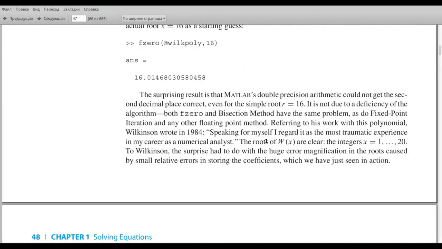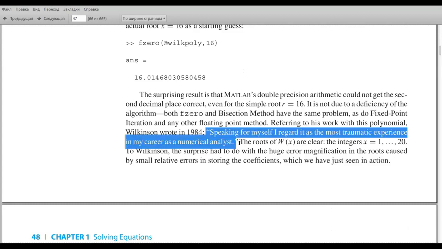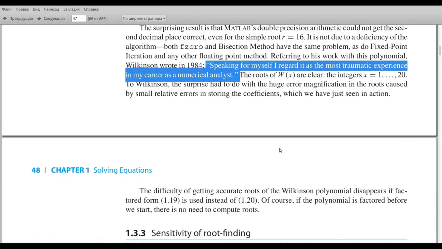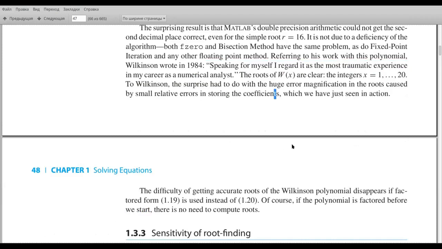Okay. So you see, Wilkinson said that for himself, it was the most traumatic experience during his career as a numerical analyst, that even a very simple polynomial gives you that much trouble.